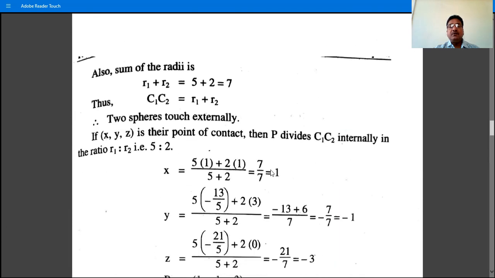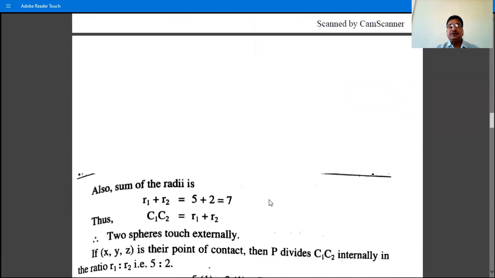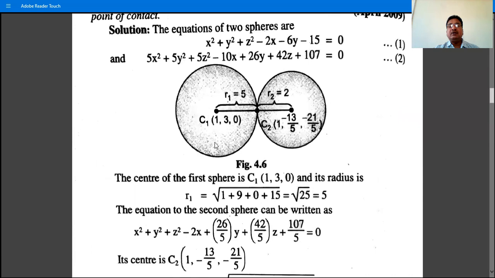By section formula, x is equal to (5 into 1 plus 2 into 1) divided by (5 plus 2), that is 1. Then what is the value of y? Y is (5 into minus 13 by 5 plus 2 into 3) divided by (5 plus 2).